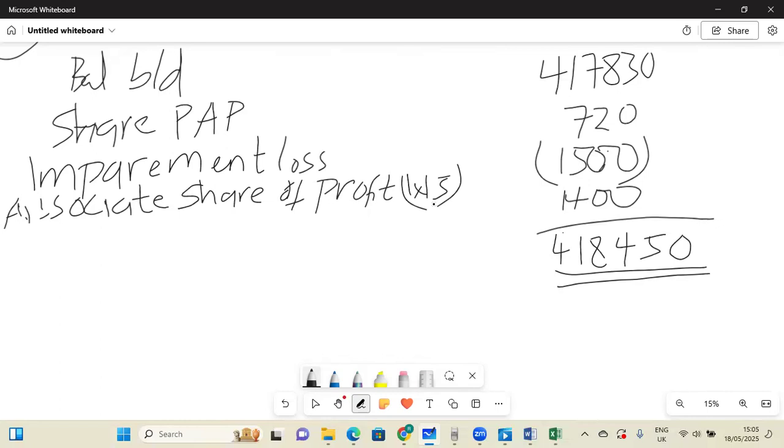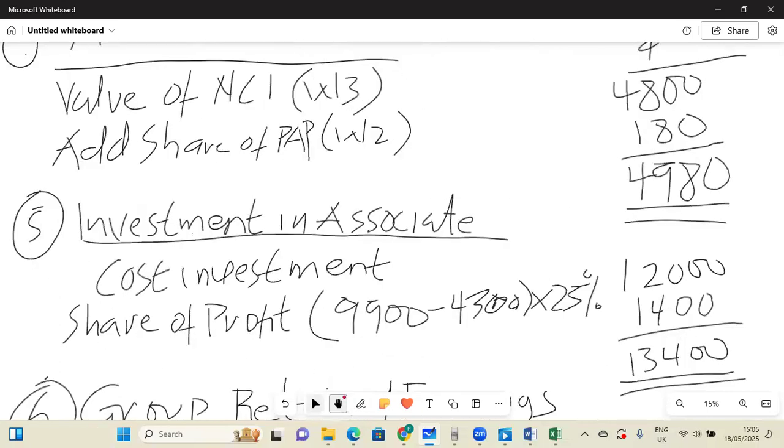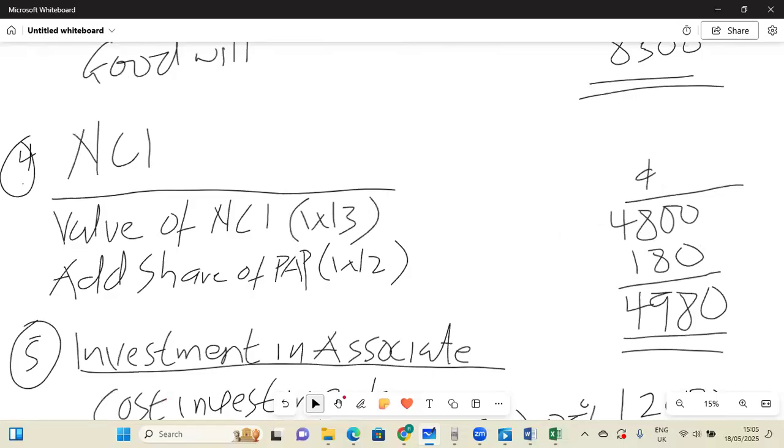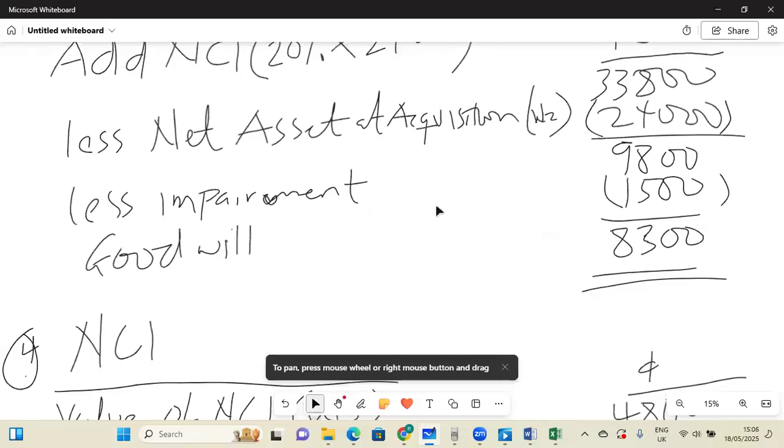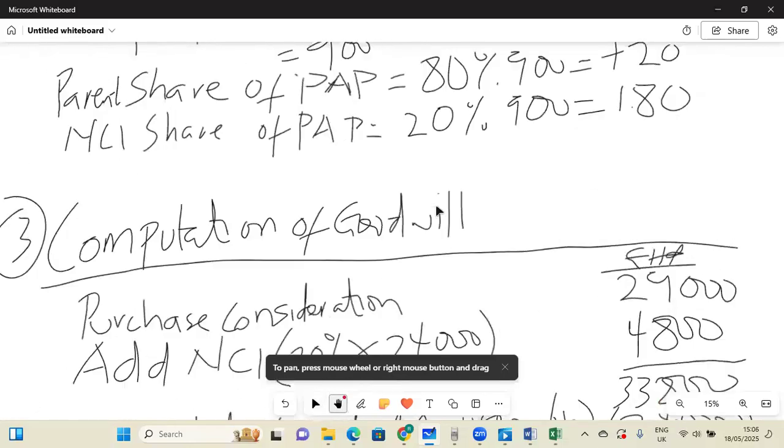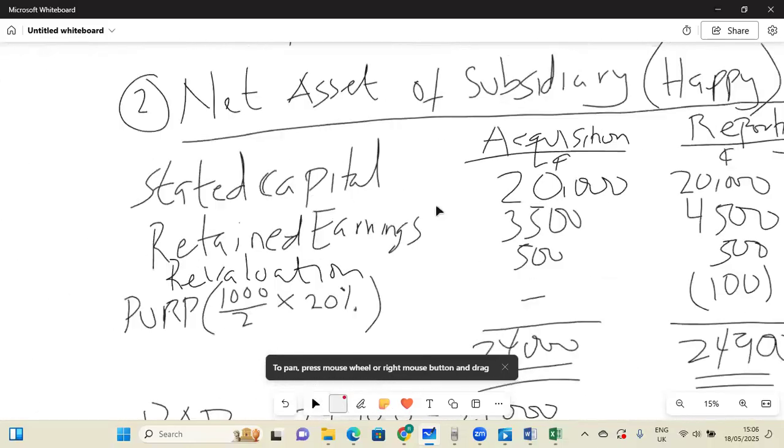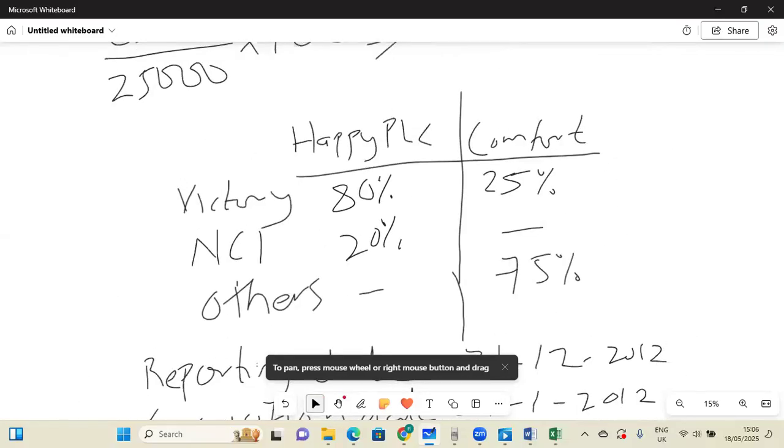So we are going to do it there. So this is the workings that we need for this particular work. So now let's hop into the statement of financial position and profit or loss account.